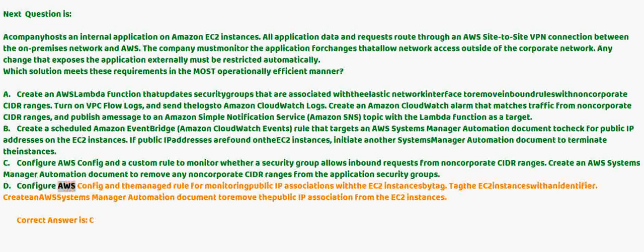D. Configure AWS Config and the managed rule for monitoring public IP associations with the EC2 instances. Tag the EC2 instances with an identifier. Create a Systems Manager automation document to remove the public IP association from the EC2 instances.